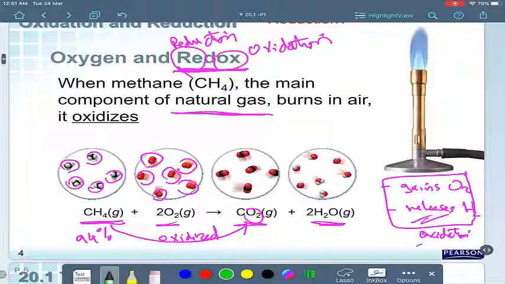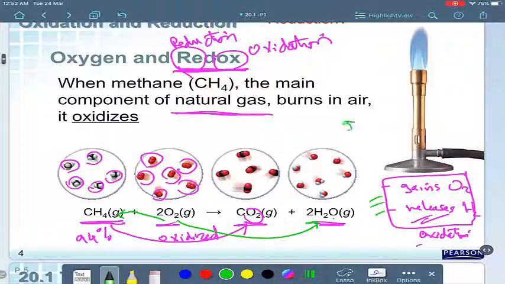What happened to oxygen? Oxygen moves to methane and changes into water. It gains hydrogen. It becomes H2O from O2. So it gains hydrogen, the opposite of this process.